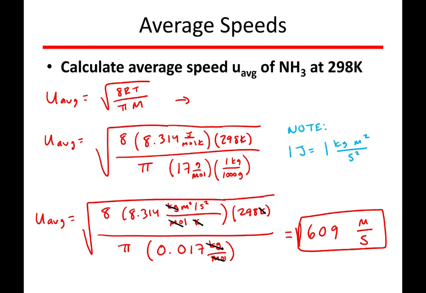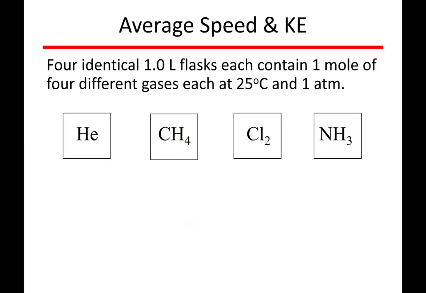And so to give you an idea of what this speed would be in miles per hour, if you were to convert it, you would find that the average speed of ammonia molecules at 298 K is 1,365 miles per hour. So these gas particles are traveling very quickly, even at just room temperature. There's enough thermal energy at room temperature to allow the molecules to travel at 609 meters per second or at 1,365 miles an hour. Let's take a look at another example that deals with average speeds.